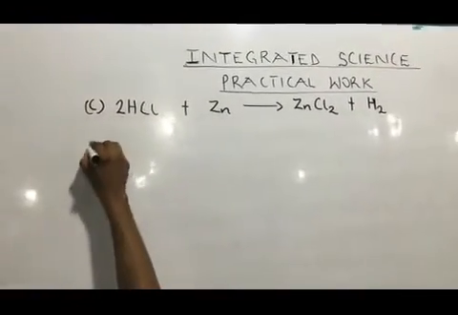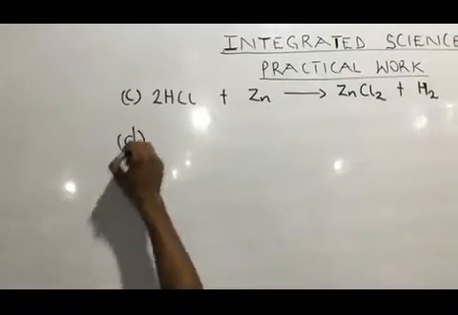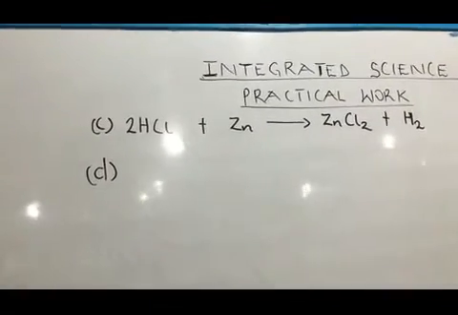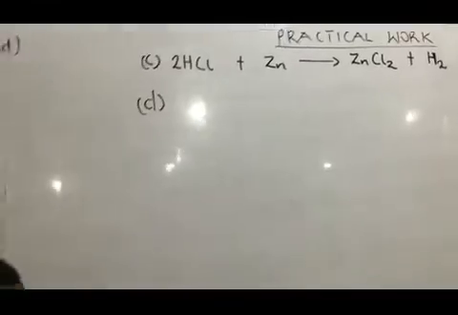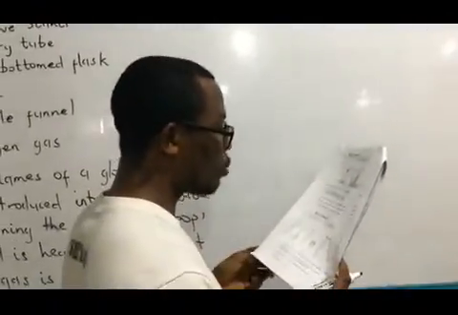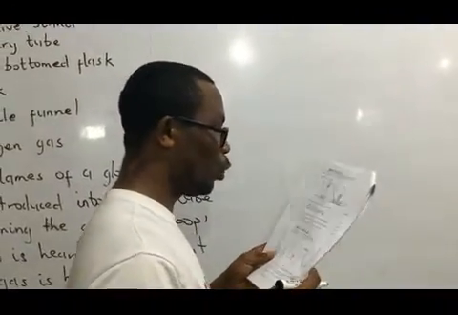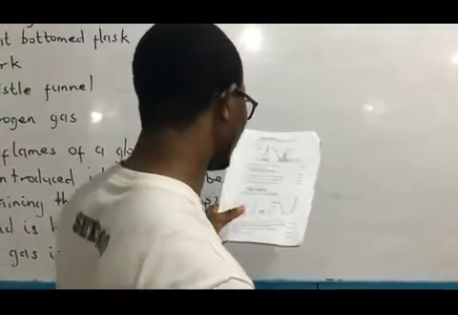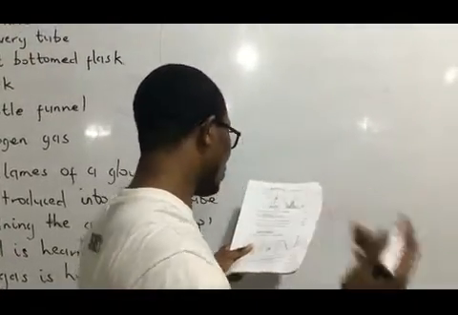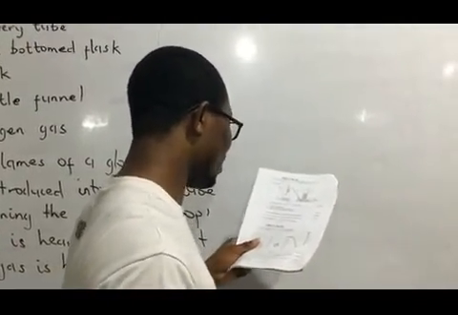Then question D, it says suggest 2 suitable metals which could be used instead of zinc. So we can name group 2 metals, group 1 metals.